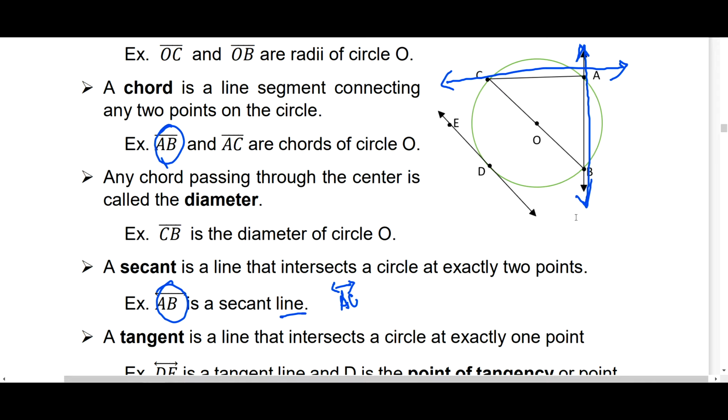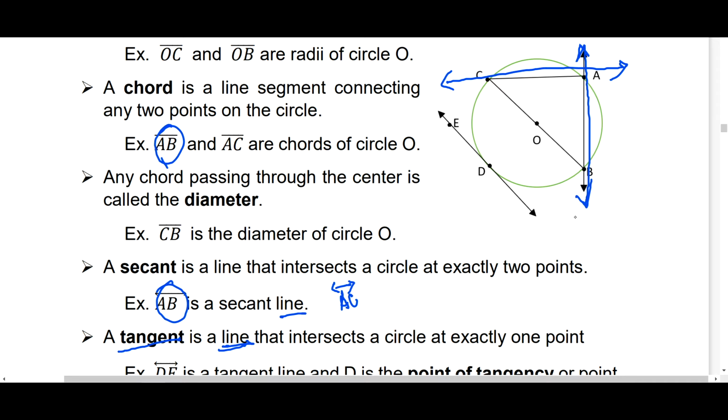And then a tangent is a line that intersects a circle at exactly 1 point. Take note, this is a line. Tangent is a line. So, hindi siya pwedeng segment. A tangent is a line that intersects a circle at exactly 1 point.